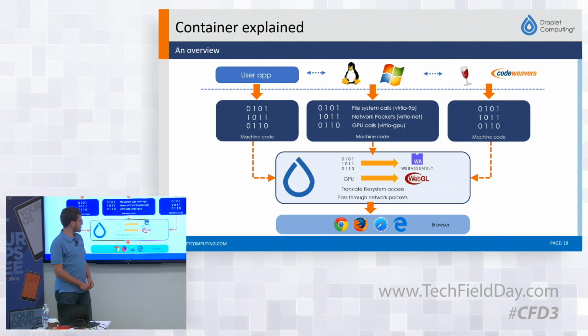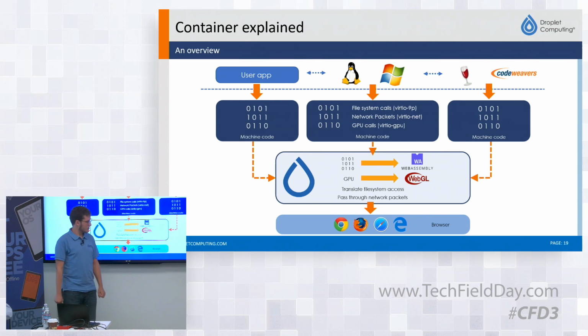And then from each of these three, we take the machine code. And from the kernel, additionally, we take sort of high-level hardware calls. So we take file system calls, we accept network packets, and we also take GPU calls. And I will talk about these a bit more later, how we do it on such a high level.